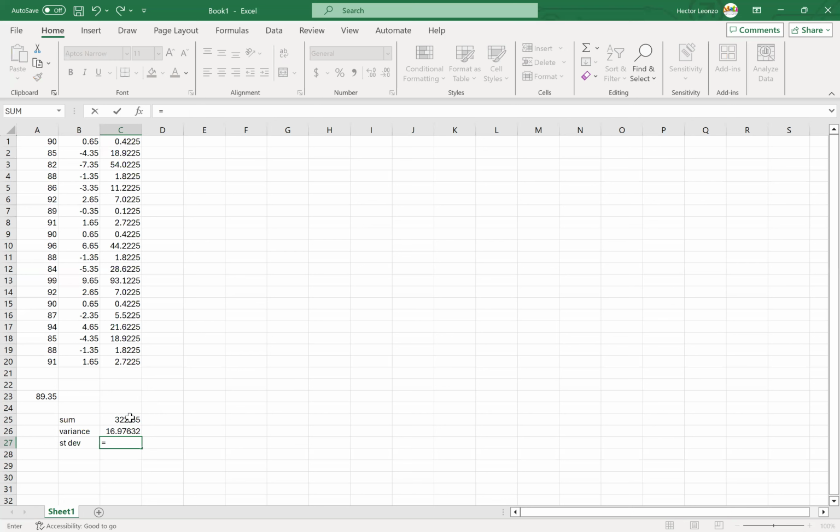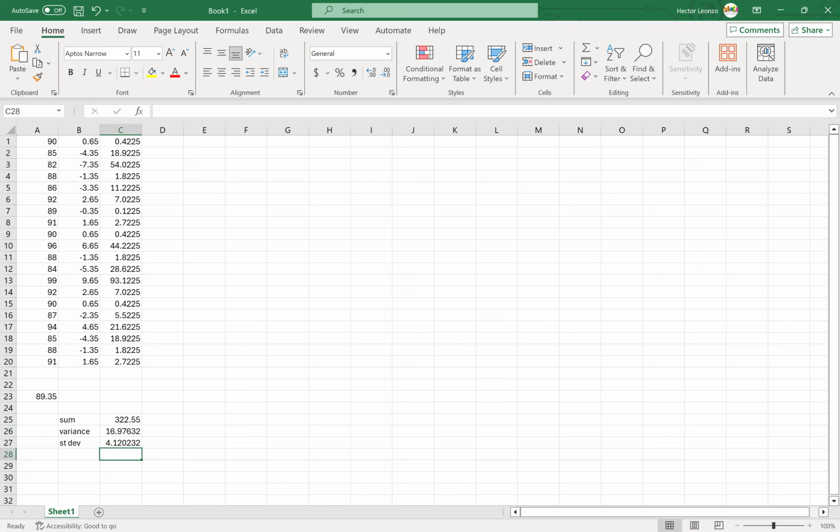Standard deviation is going to be SQRT, open parentheses, of my variance. So my standard deviation is going to be 4.12. I want to use 2 decimal numbers. Okay. So my average is 89.35 and my standard deviation is 4.12.